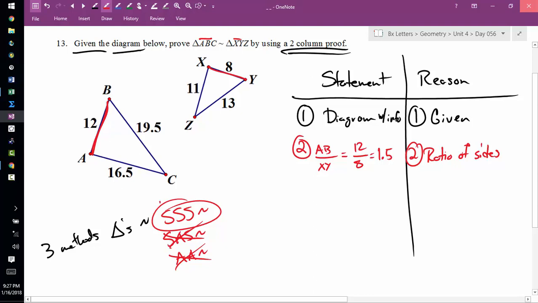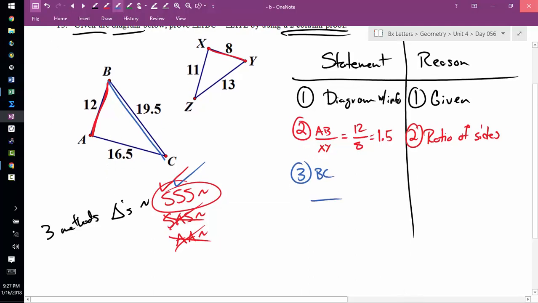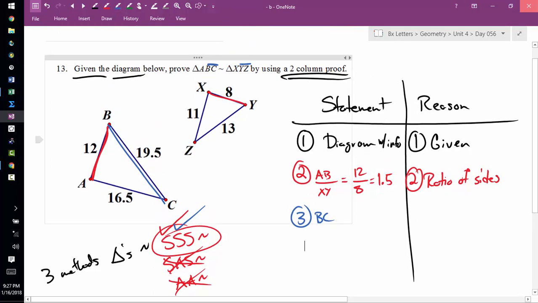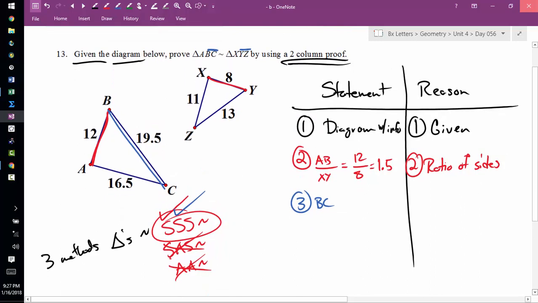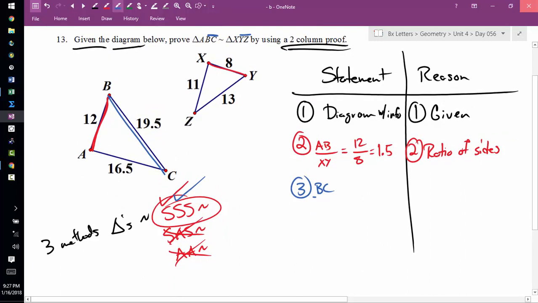And I'm going to do this 2 more times. I'm going to do it for the next pair of sides, the last 2 letters, BC and YZ. So I'll put a statement 3, and I'm going to do side BC divided by the corresponding side YZ. Side BC is 19.5.